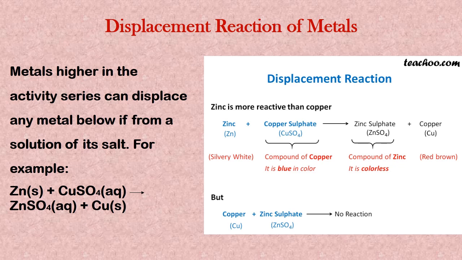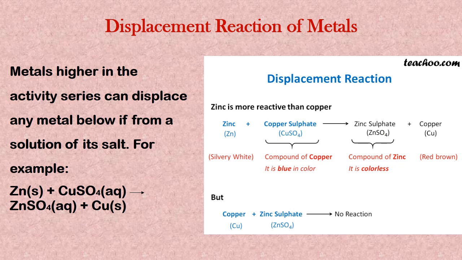So zinc reacting with copper sulfate, zinc which is silvery white, and copper sulfate, which is blue, will form zinc sulfate. So you can see from the diagram that zinc has replaced copper from its salt. So what we have is zinc sulfate, which is colorless, and copper, which is red brown.